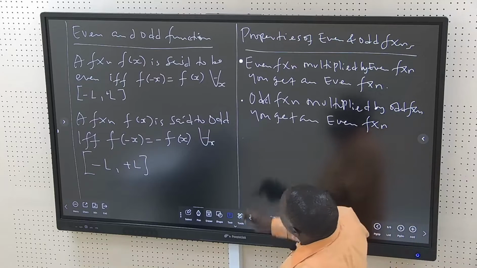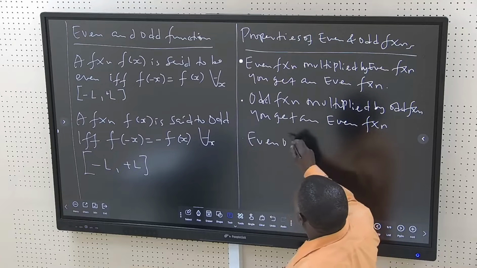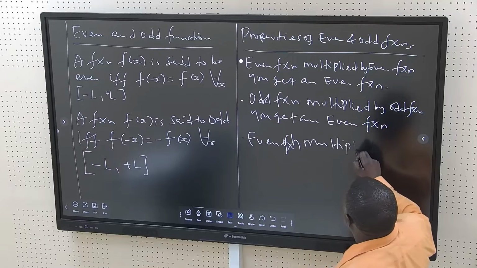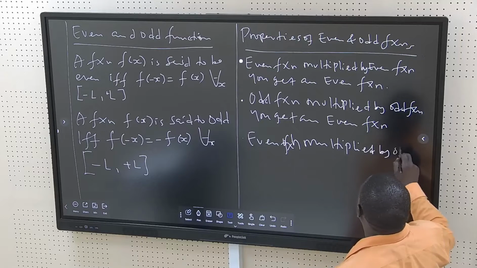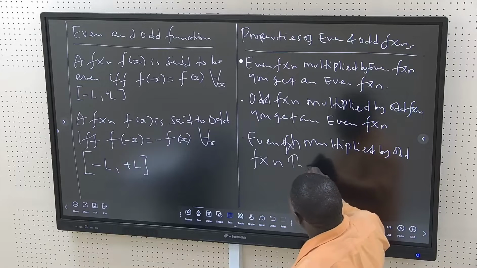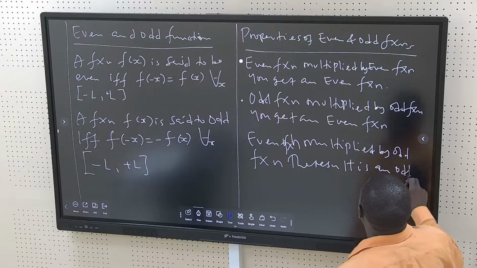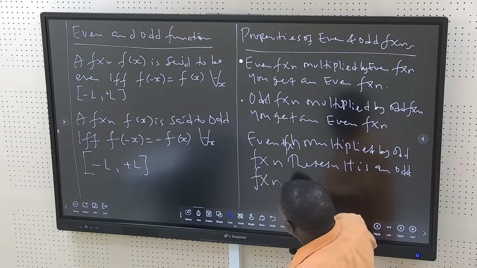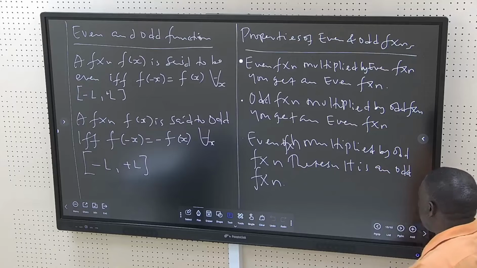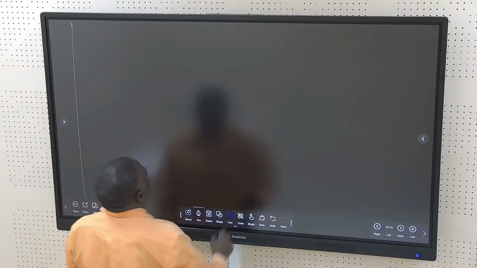And when an even function is multiplied by an odd function, the result is an odd function. These three properties of even and odd functions are very, very important to know.